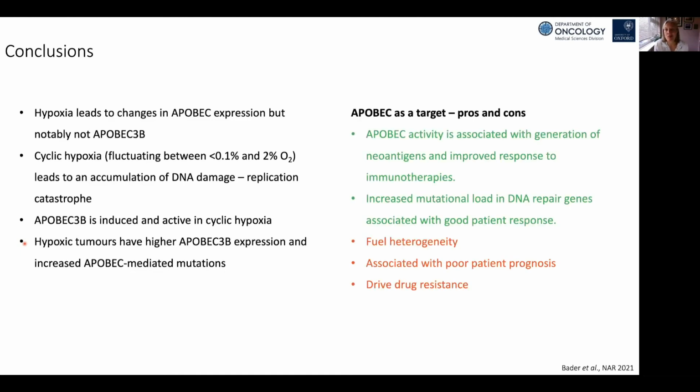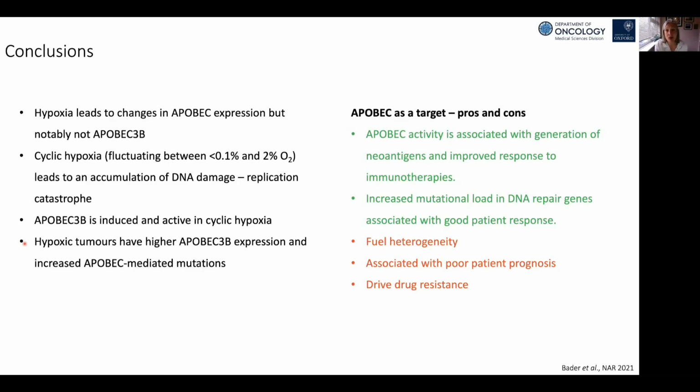As I mentioned, my ultimate goal is to study this biology with a view to identifying new targets, something that we could potentially inhibit in combination with radiotherapy in order to improve treatment response for patients with very hypoxic tumours. I think it's fair to say that the jury is still out on whether APOBEC is a good target or not.